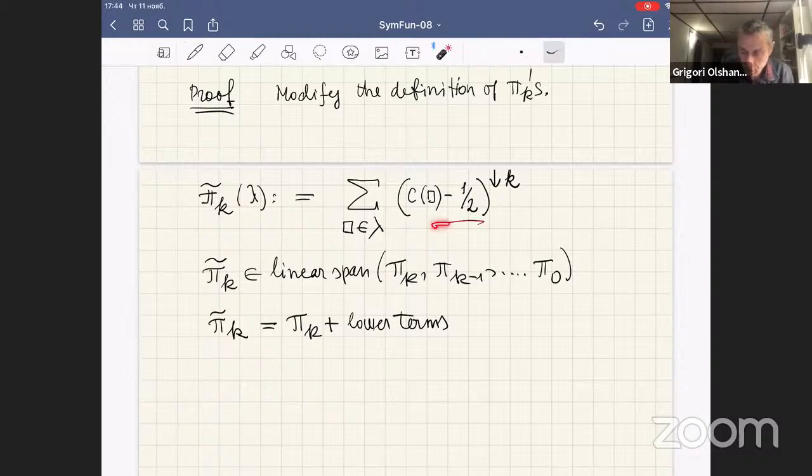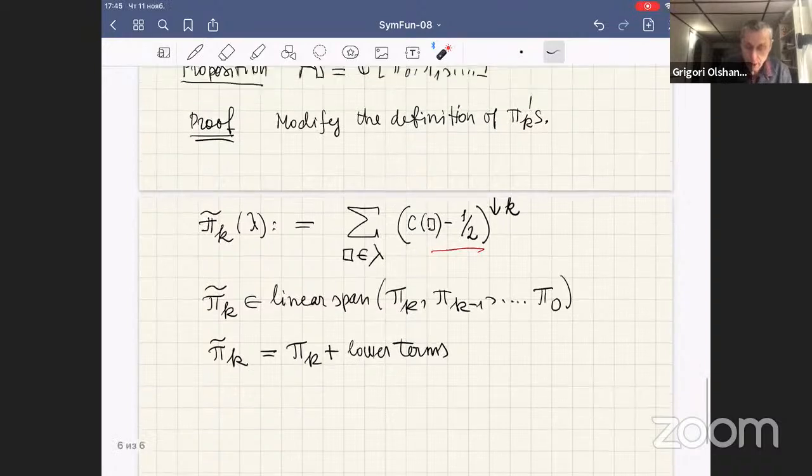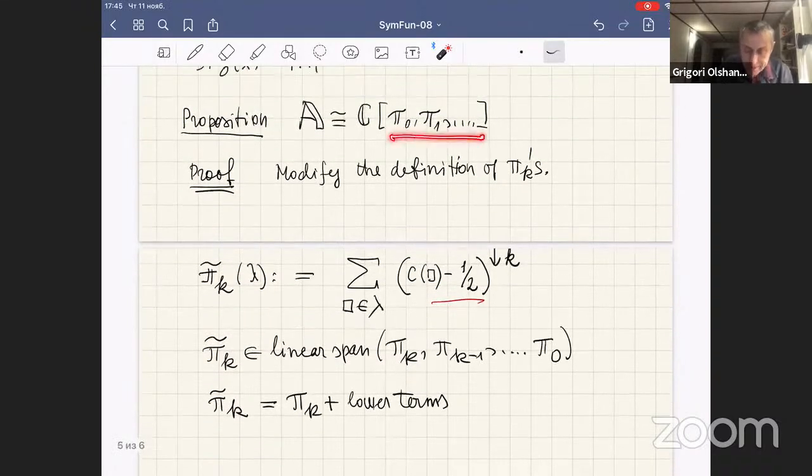From this formula it should be obvious, because the transition from ordinary powers to factorial powers is of the same kind, and this shift also produces some unitriangular transformation of the same type. So in our claim we can replace these elements by these modified elements.